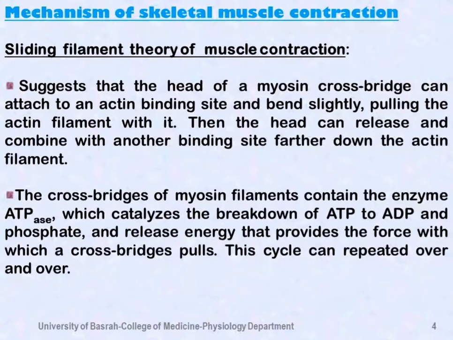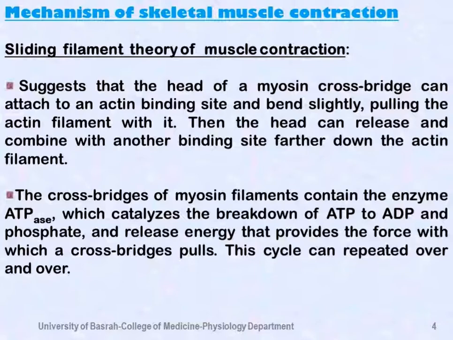The sliding filament theory of muscle contraction suggested that the head of myosin cross bridges can attach to an actin binding site and bend slightly, pulling the actin myofilaments with it. Then the head can release and combine with another binding site, and this makes further bending of the actin myofilaments.